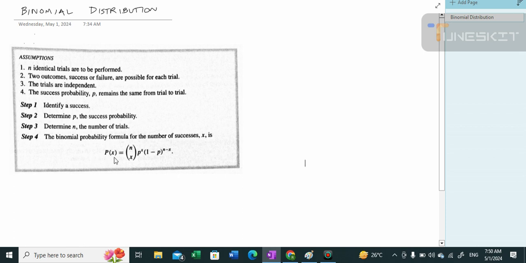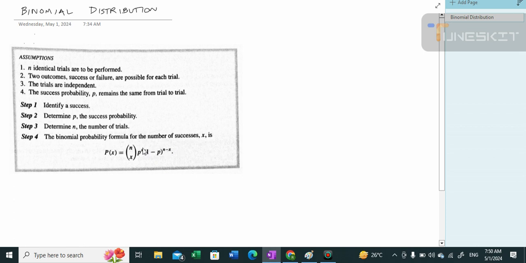As far as the formula is concerned, we have discussed the conversion of the process in this form already in the class. So the probability of x can be obtained or estimated as nCx p raised to the power x, 1 minus p raised to the power n minus x.